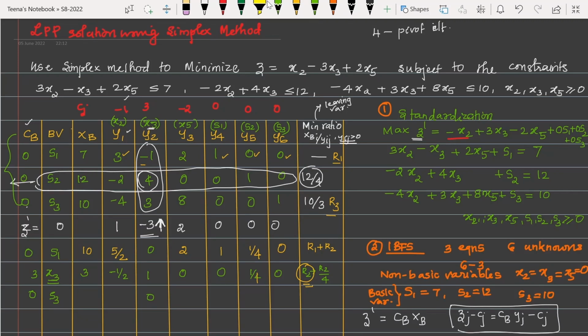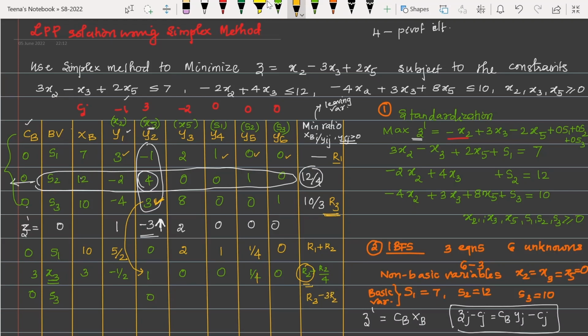Now let us do the transformation of this element 3 with reference to this element 1. The 3 in the third row of the first iteration should be transformed to 0 with reference to this 1. So we write the transformation as R3 minus 3R2.